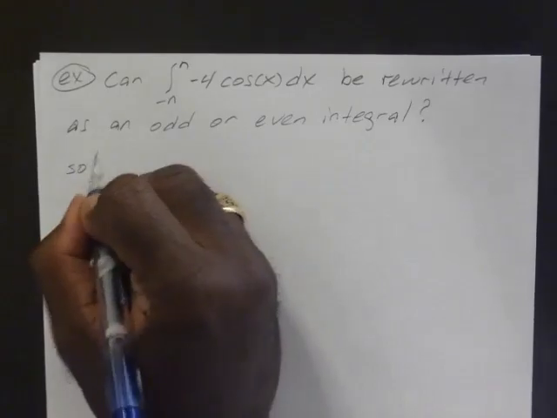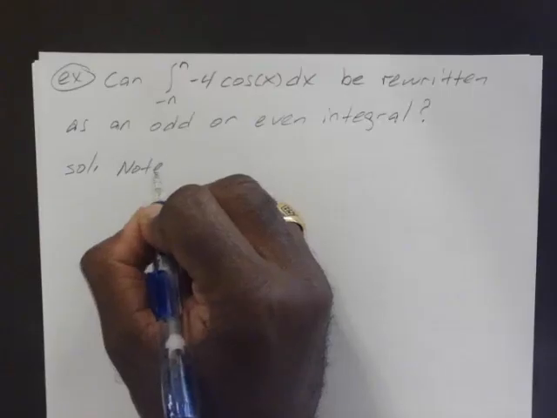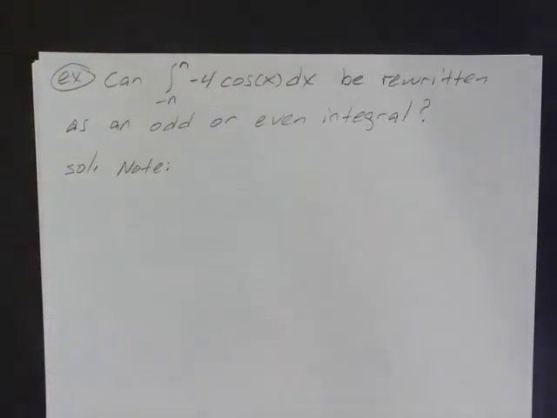Okay, so once you start getting into the trig function questions, all you have to do is remember that cosine and secant are the only even trig functions. The rest are odd.